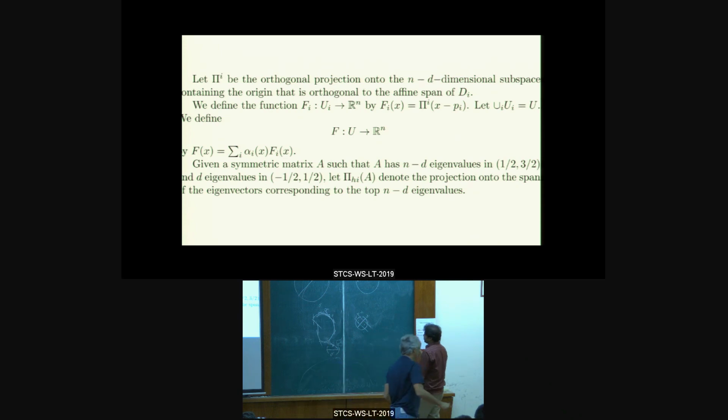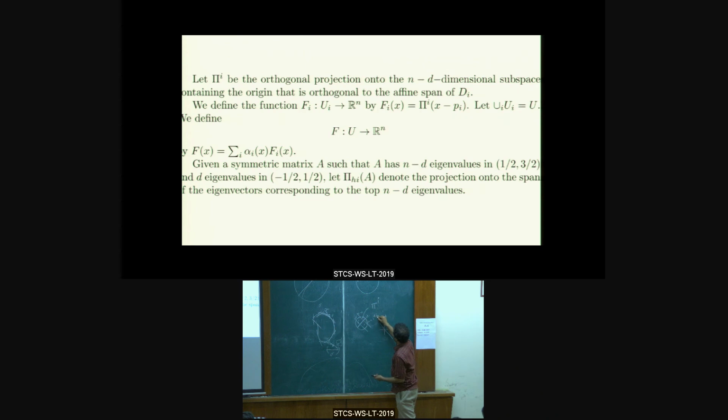Now you assign not just that plane, but the projection onto this subspace, which we call pi i for the ith disk. So pi i is the projection onto this kind of plane through the origin, and this plane is n minus d dimensional, and these pi i are indexed by i, where this is the ith ball.